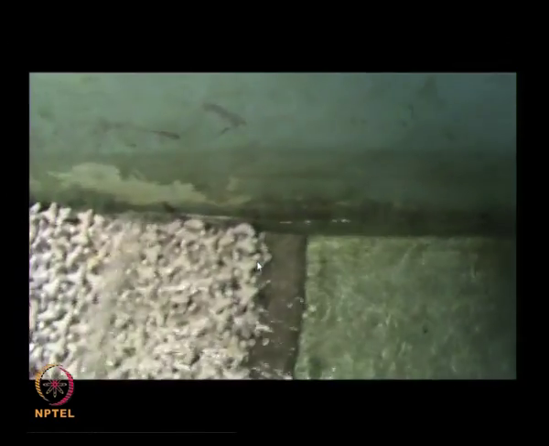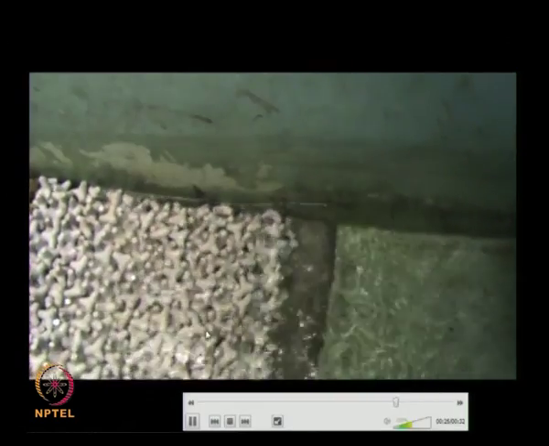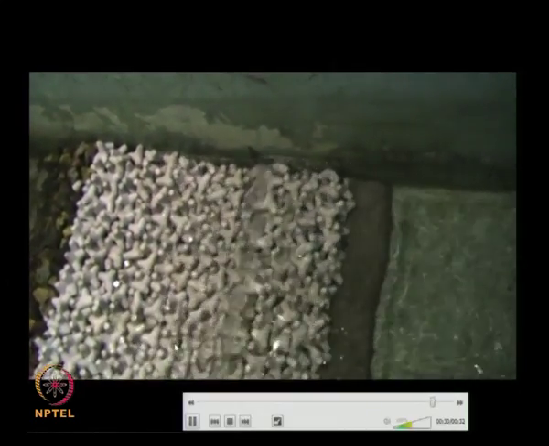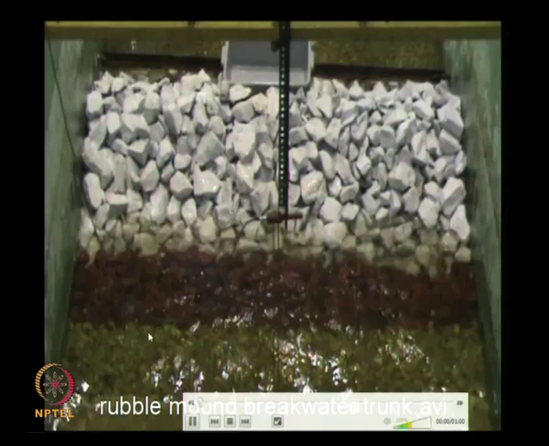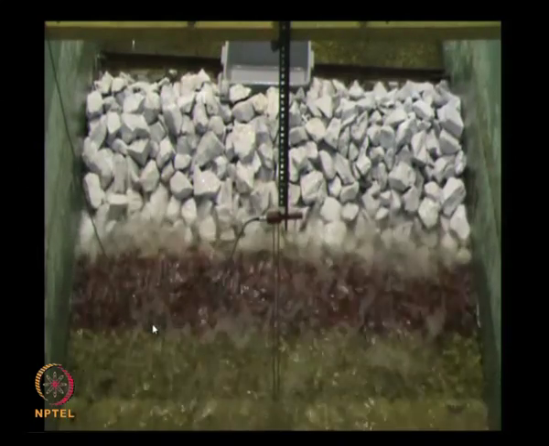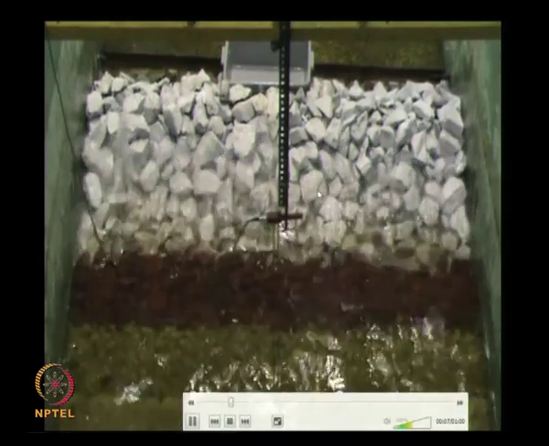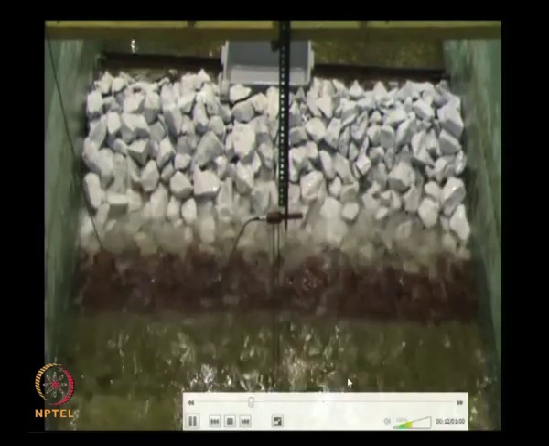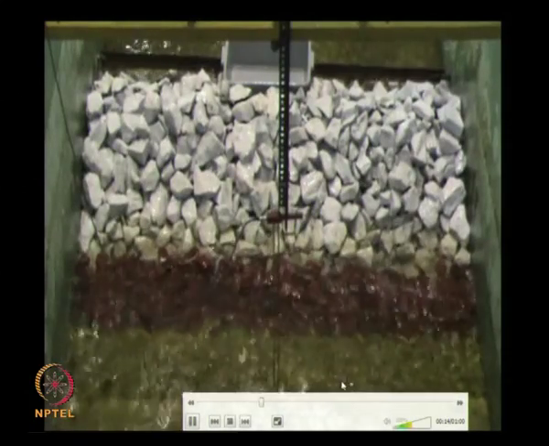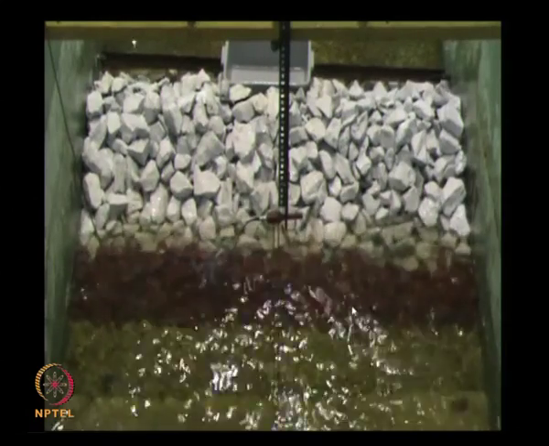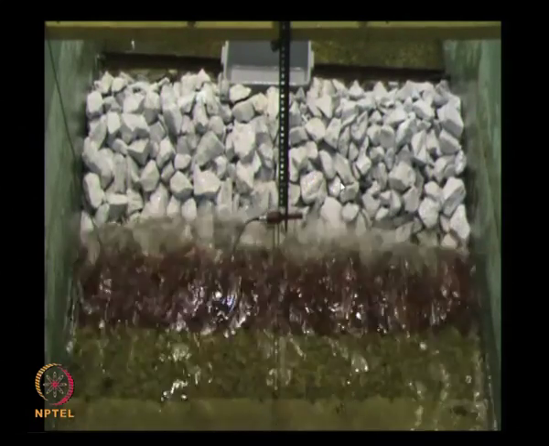The waves are coming and hitting the structure. As you see, when the waves are running over it, it loses its energy, nothing comes back. Here the armor units are stones. Here you can see different colors. The bottom one is the toe mound, this is the under layer, this is the armor layer.